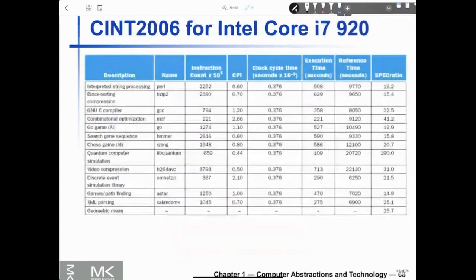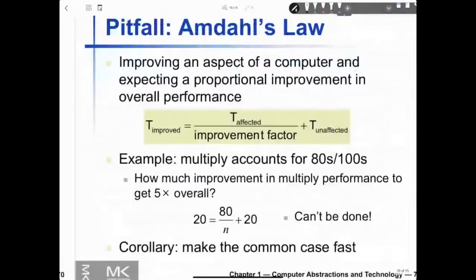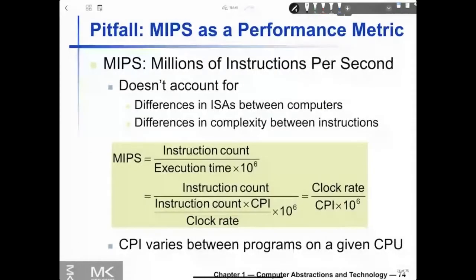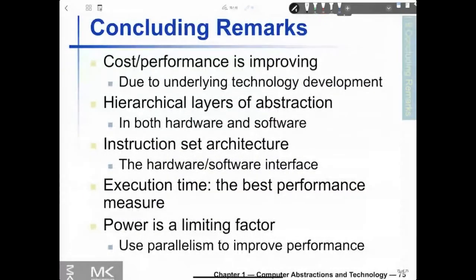Okay, so we are skipping over the SPEC benchmark. We learned what kinds of components are available in computer hardware, and also what performance is. Performance means we are focusing on the CPU time, and time has 3 parts: number of instructions, CPI, and clock cycle.